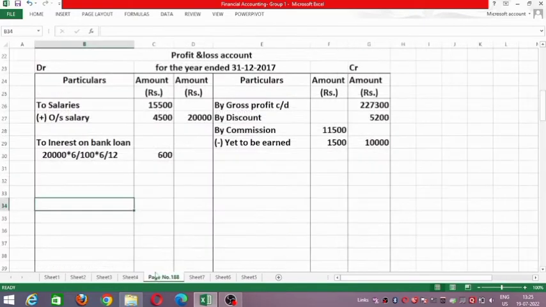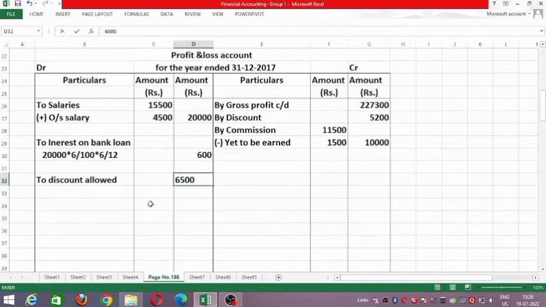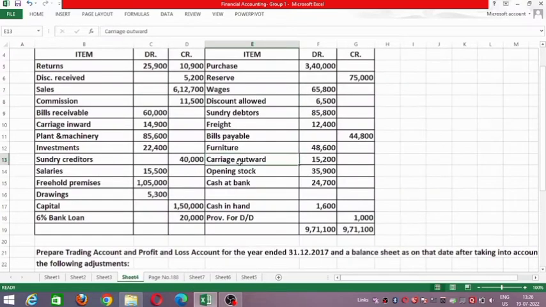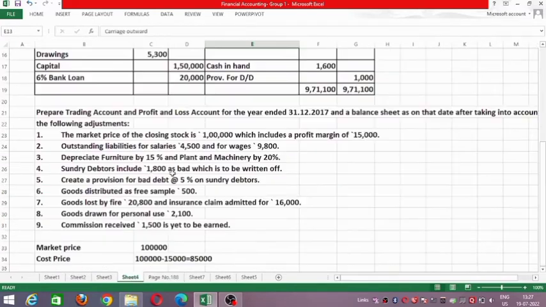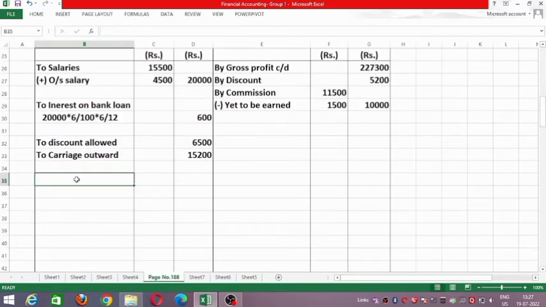Next we have discount allowed 6,500. Next, carriage outward 15,200. And also we have calculated related to bad debts and provision for bad debts. Whatever the amount needs to be debited to the P&L account, that we will enter now.